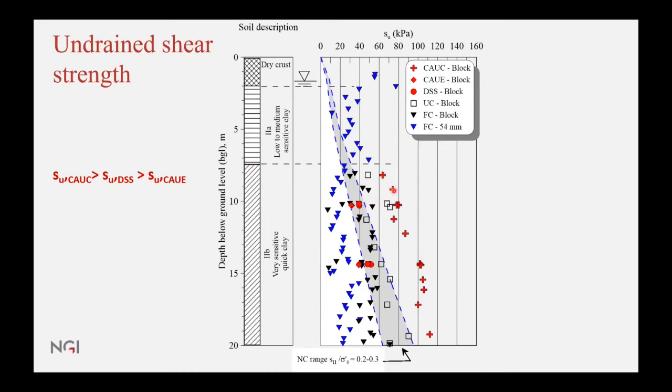So what we see here is that the triaxial test on block samples is much higher than the one on simple shear, these circles here, and again higher than what we see in extension, which are these boxes there. And then fall cone values are quite often much below that.